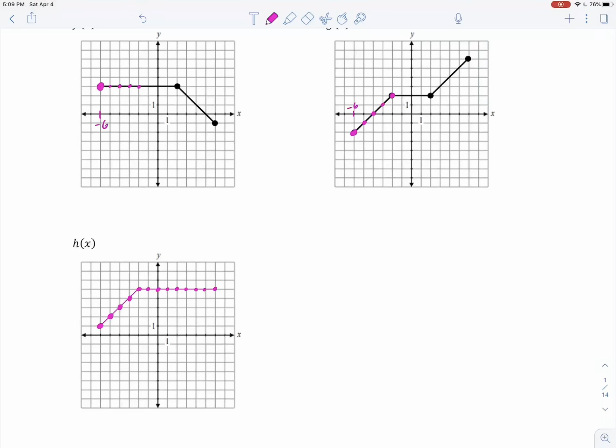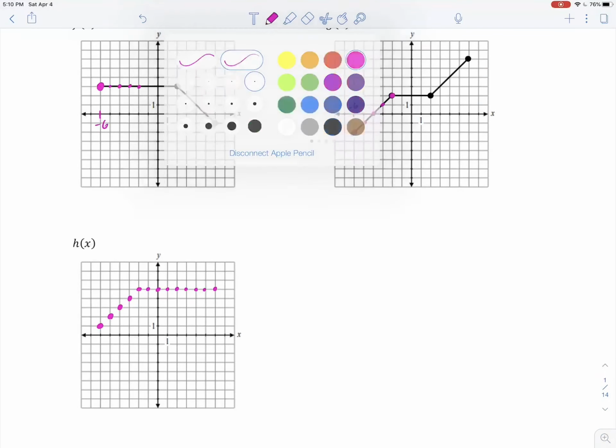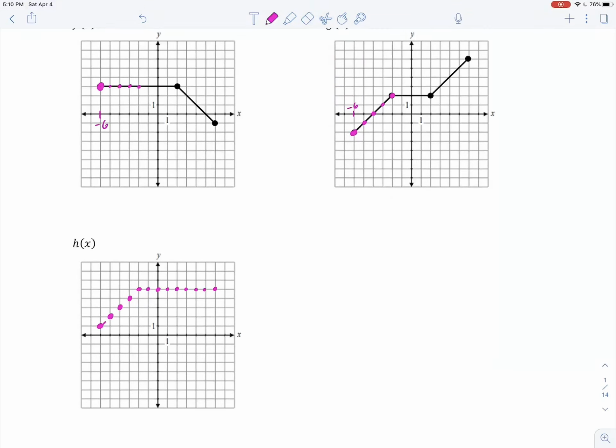Honestly, don't really like that particular line thickness. Oops. Don't mind me just trying to function.